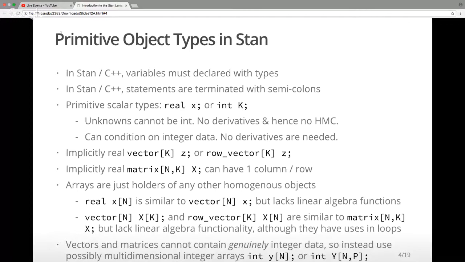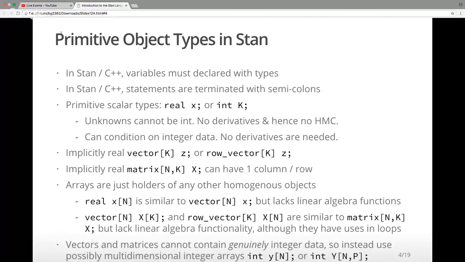In R, a list can hold heterogeneous objects, like a character vector, a factor, a matrix. Whereas with arrays in Stan, all the elements of the array have to be of the same type and of the same size.